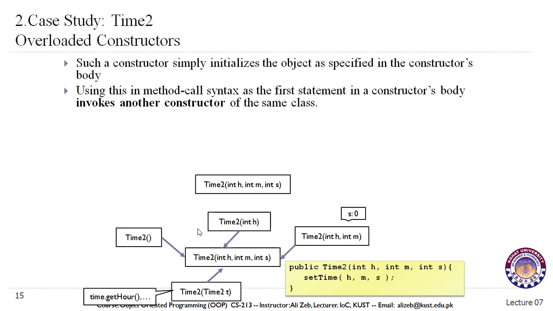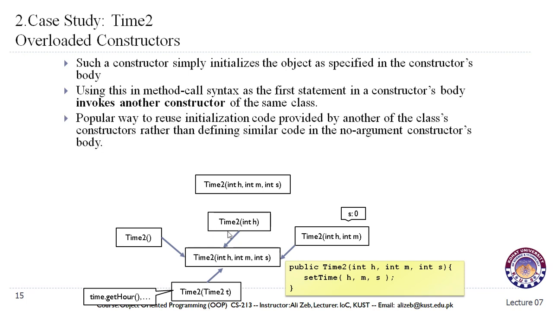Using this in method call syntax as the first statement in a constructor's body invokes another constructor of the same class. So we can use this statement in our constructors to invoke another constructor within the same class.